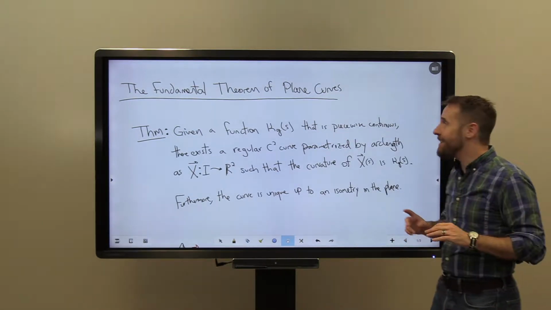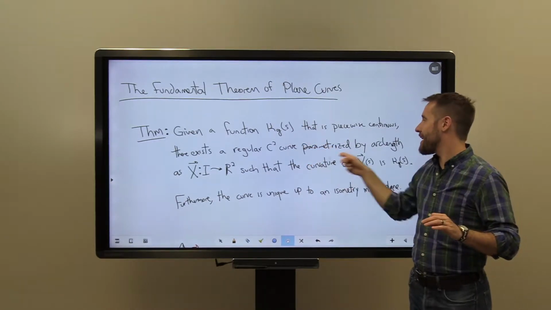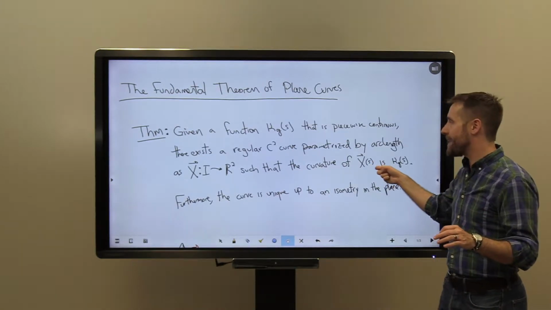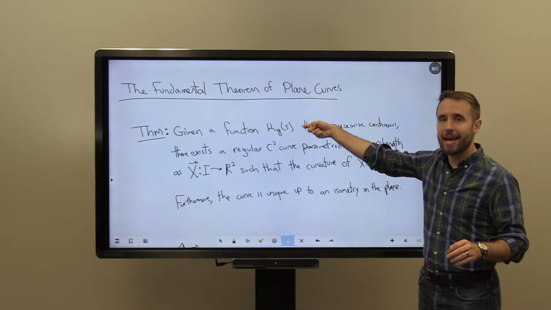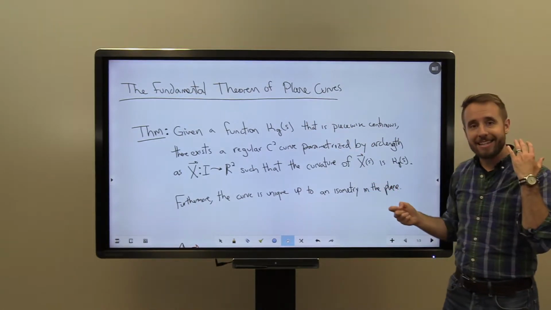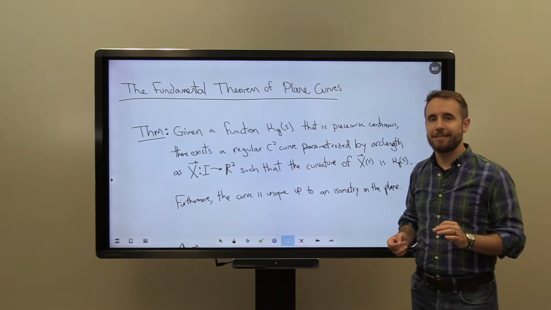So given any piecewise continuous function, we can find an x of s whose curvature is that function kappa. This gives us an existence result telling us that such a plane curve does in fact exist.